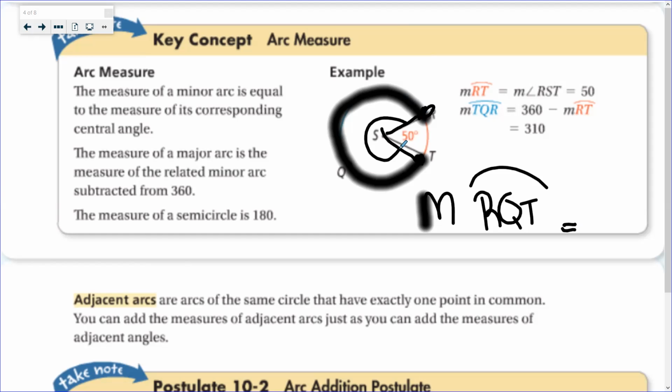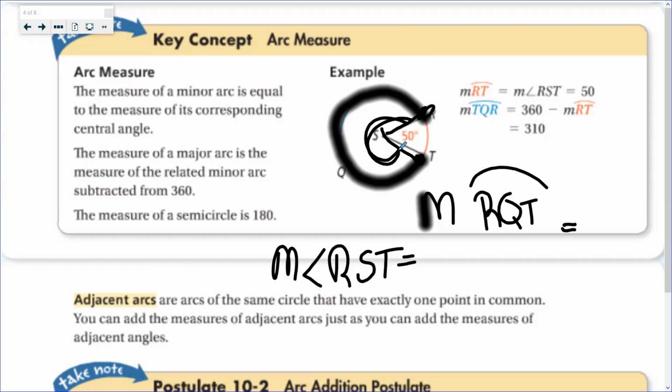So the measure of angle RST. How can I find the measure of this angle?